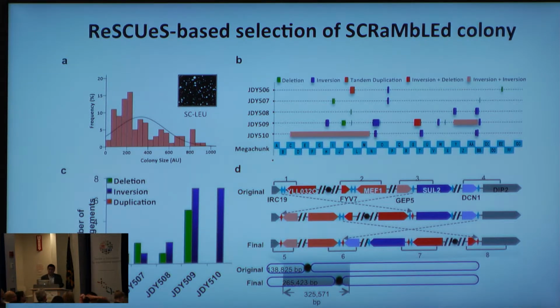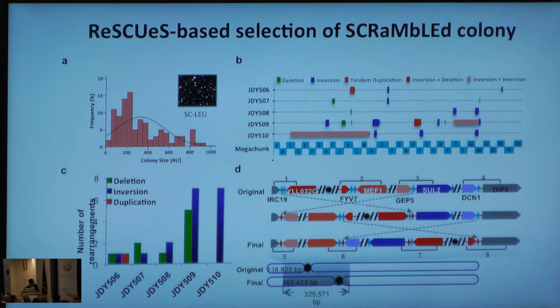So using this system, we SCRaMbLEd chromosome 12 and picked up those cells with rearranged chromosomes. As shown here, we picked up 5 different strains and did genome sequencing to identify all the rearranged regions within the synthetic chromosome. We can see all sorts of modifications like deletions, inversions, and duplications.